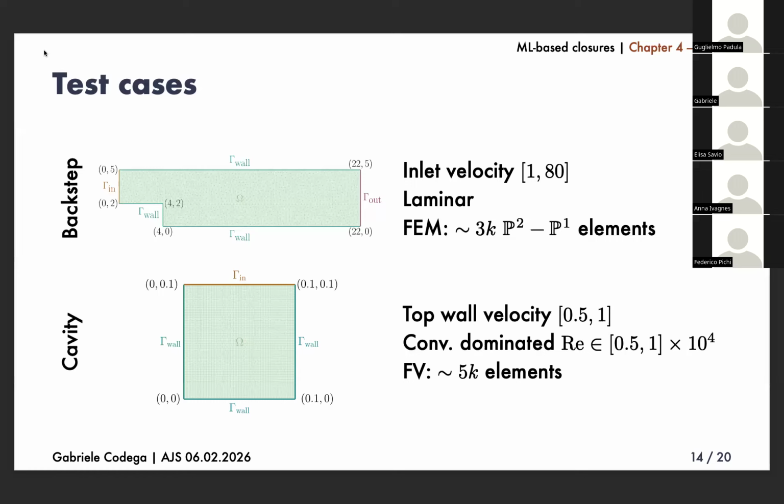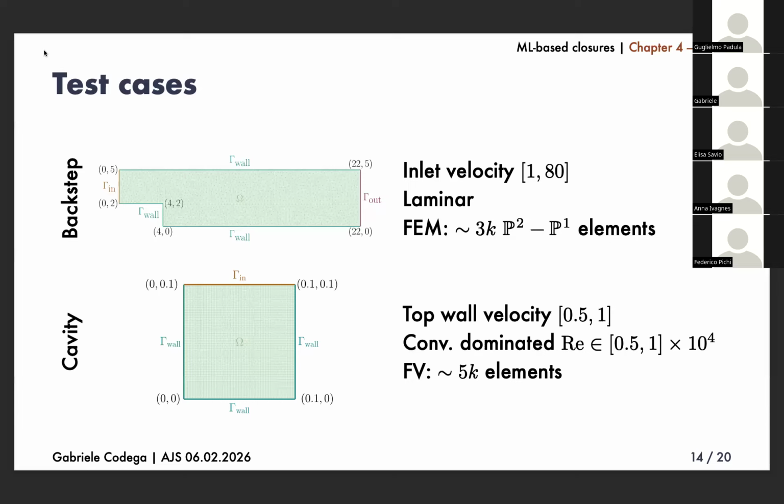Okay? And the other case is the lid-driven cavity flow. You have a moving top wall with some fluid moving here in the horizontal direction. Those walls are fixed. And you see that there is going to be recirculation in here. But the important thing here is that for the choice of viscosity, with these values of the top velocity, in the range 0.5 to 1, we have very high Reynolds numbers.